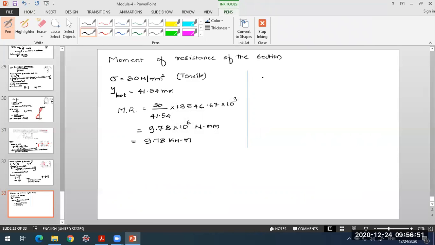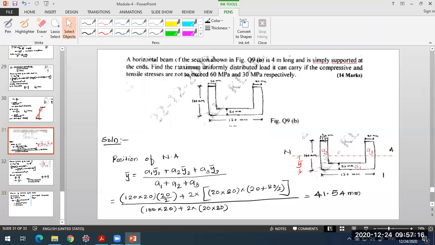So in the second case, I'll take sigma equal to 60 Newton per mm square. So top fibers are put in compression. Top fibers are subjected to compression, and this y will be now y top, which will be equal to the overall depth of the section minus y bar.